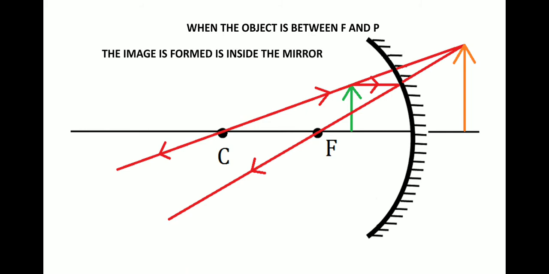So the image will be inside the mirror and it will be virtual, erect and magnified. This property of the mirror, the magnified image formation, is used in shaving mirrors, where the person who is shaving can see properly in detail what he is doing. So the image formed is quite bigger.